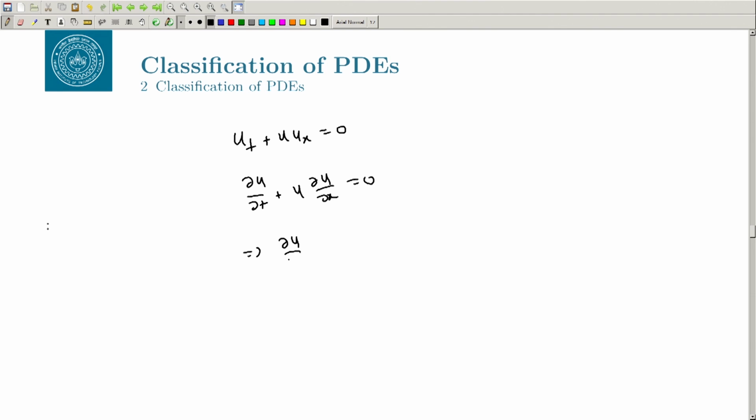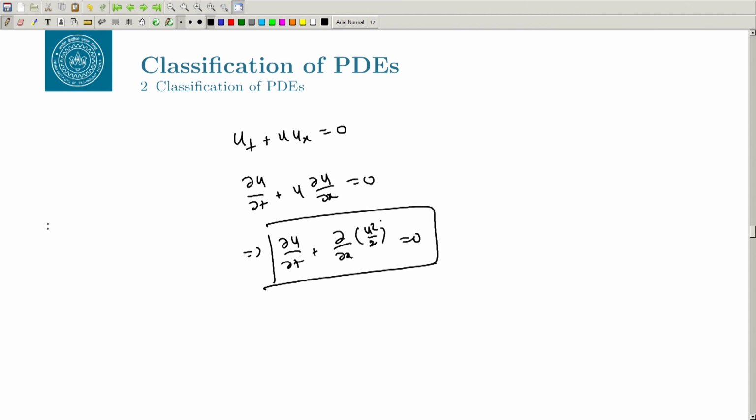So, this is del u by del t plus del by del x of u square by 2 equal to 0, right. So, this is occurring non-linearly, you can clearly see here. That is why this is a non-linear equation, this is a non-linear PDE and this is homogeneous.